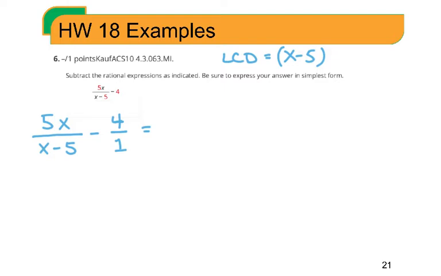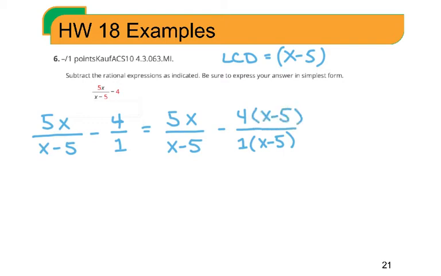So I don't do anything to this first term, but for the second term, I need to multiply the denominator by x minus 5, so I have to do the same thing in the numerator. And you see, this is a fraction that's equivalent to 1. That's why I'm allowed to do this.